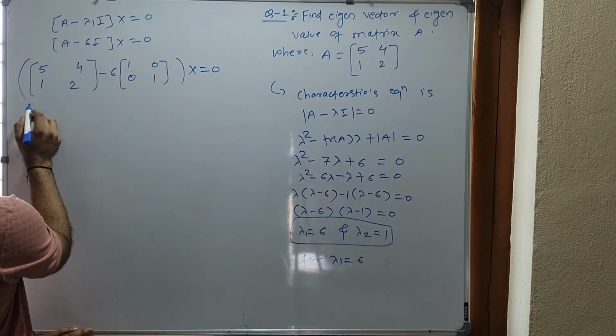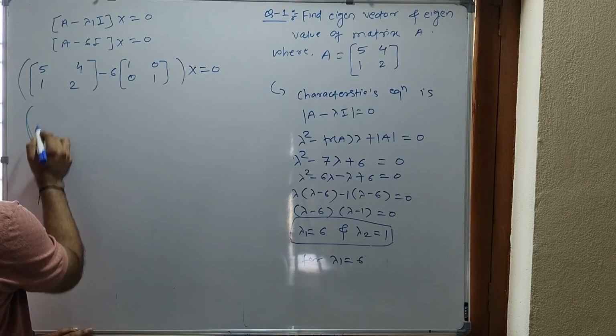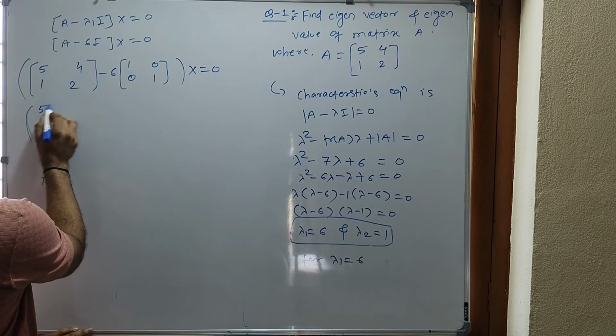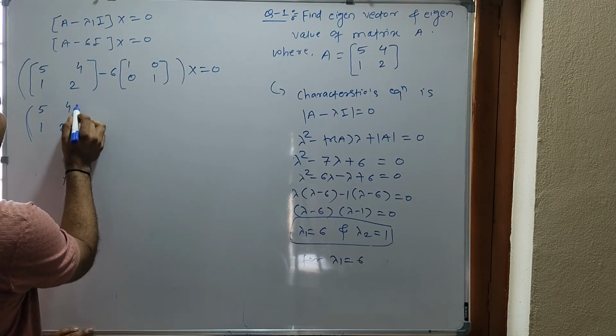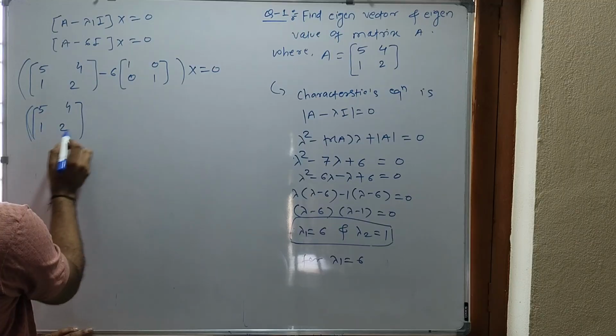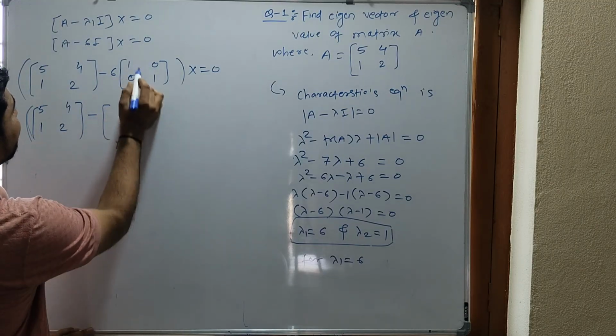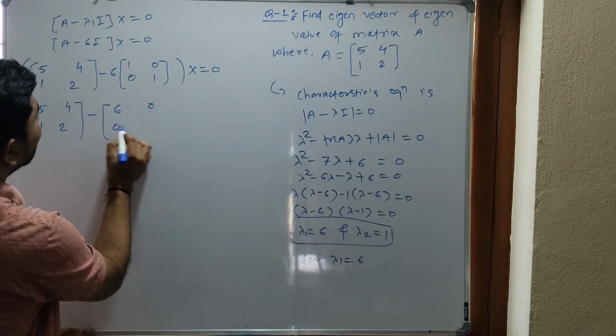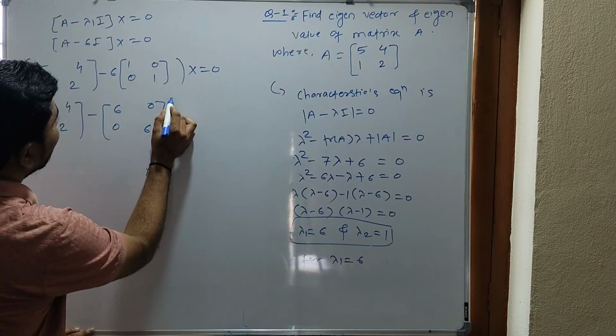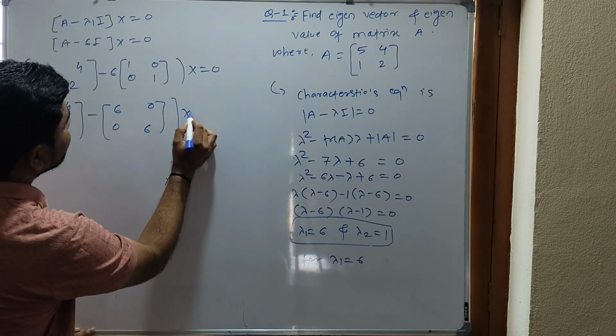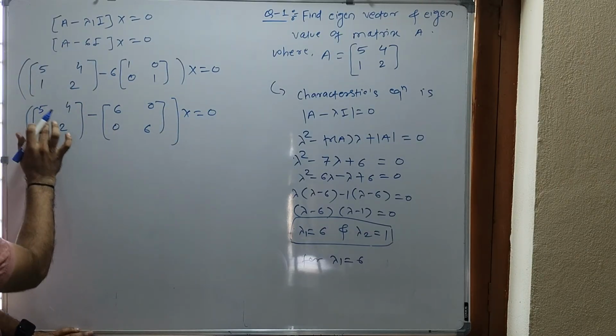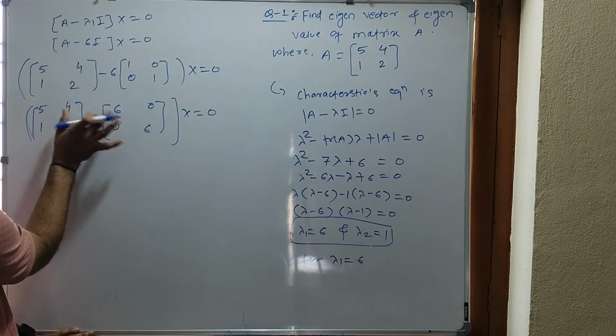Now this is the same as 5 4 1 2 minus 6 0 0 6, times X equal to 0. This means just the subtraction of these two matrices.